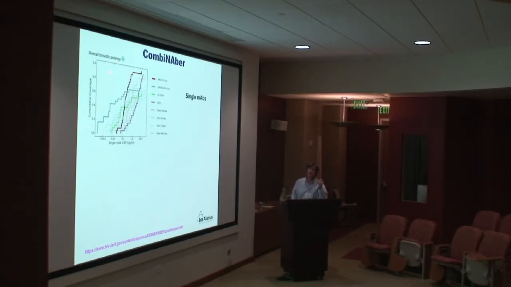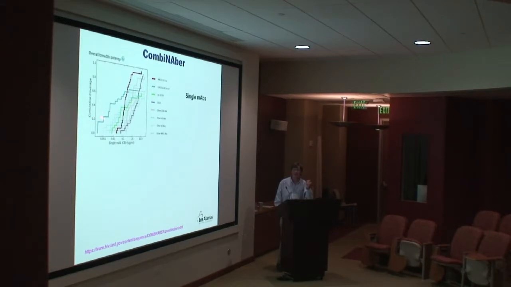Ideally, you'd have a very steep curve far to the left, where very low concentrations of antibody will neutralize a whole lot of viruses. Obviously, what we have here, even for these very nice antibodies, is not ideal. But the interesting thing is that there are different curves here.